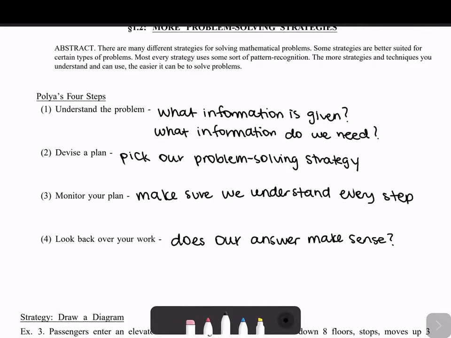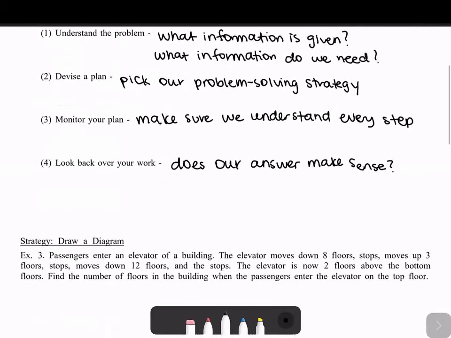We can't have 300,000 story buildings. We can't have these things that just seem like they aren't right. It means you probably made a mistake somewhere. Mistakes in math are really common. They're really easy to make, and they're nothing to be ashamed of. Mathematicians make mistakes all the time, so it's okay if you as college students make mistakes.